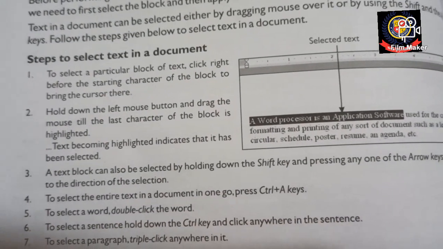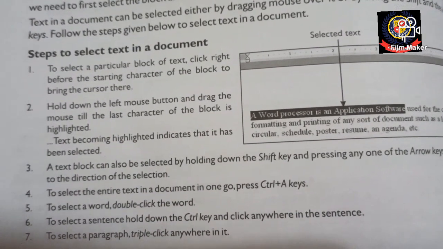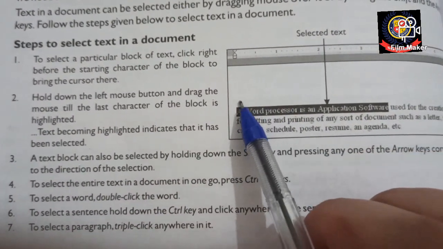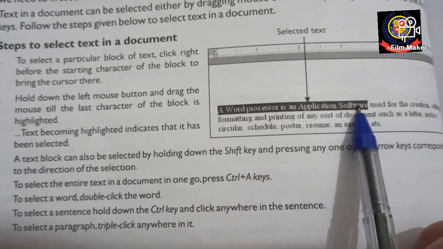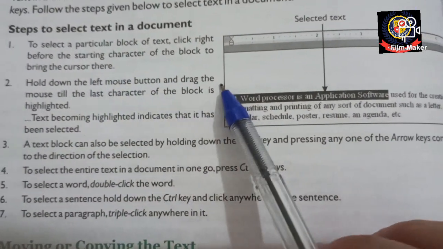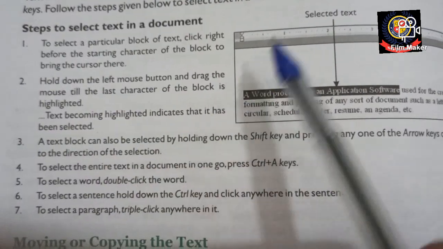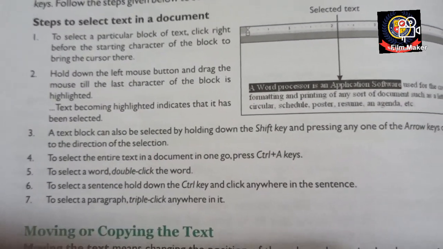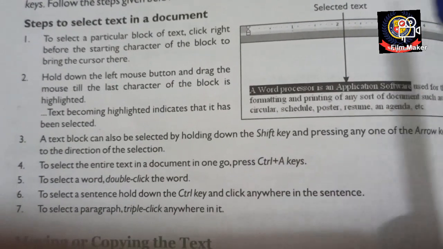First, to select a particular block of text, click right before the starting character of the block to bring the cursor there. Just click it and scroll from here, and the text will be selected. Then hold down the left mouse button and drag the mouse till the last character of the block is highlighted. Text becoming highlighted indicates that it has been selected. So you know how to select the text with the mouse.